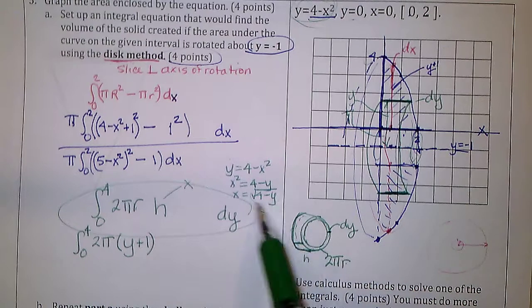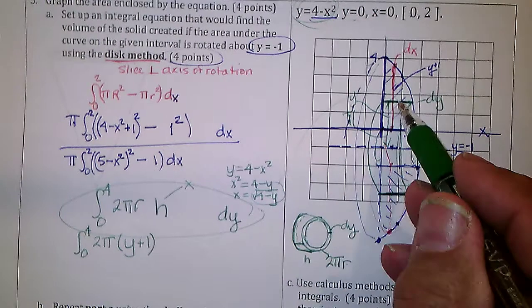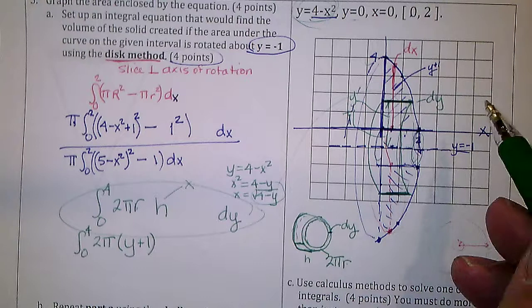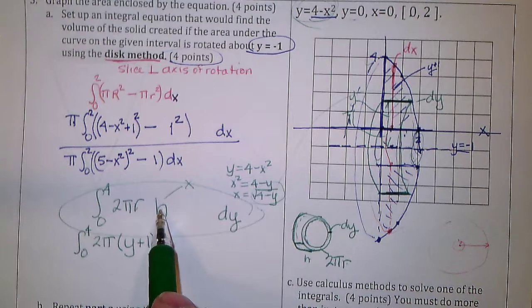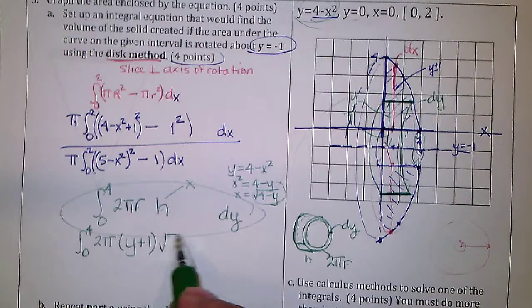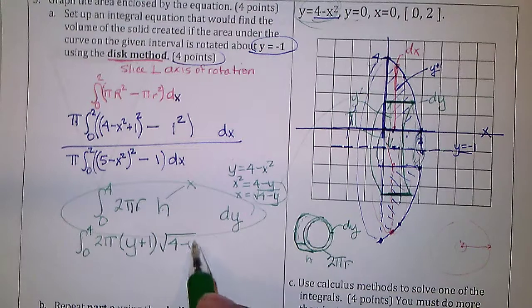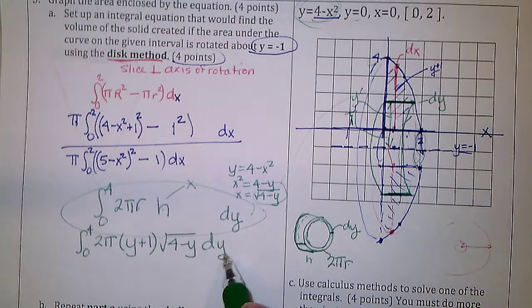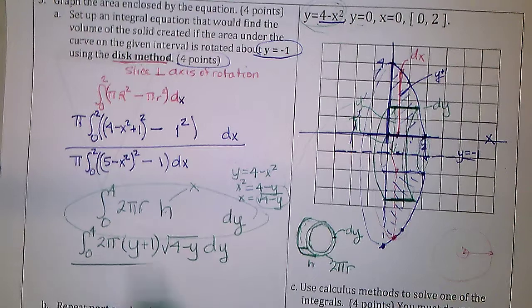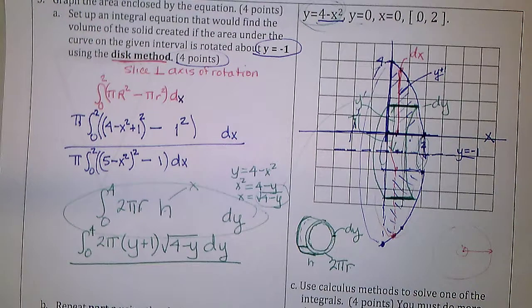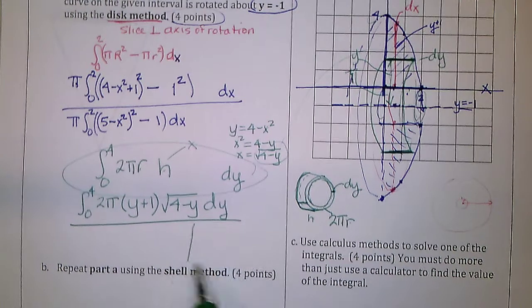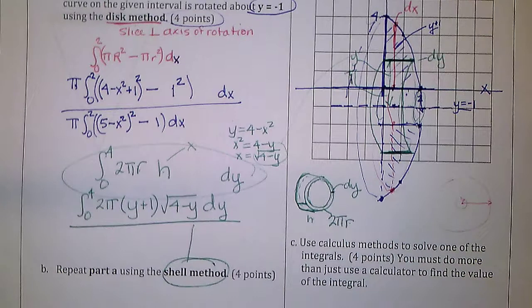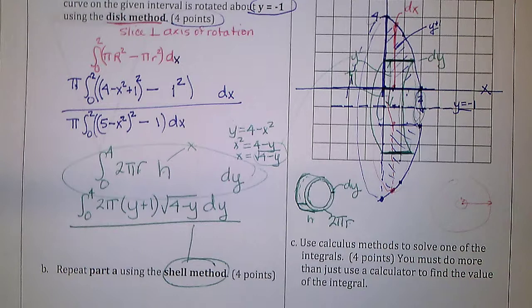So that would be that length right there, the x direction, the height. And so I take the h out and put in square root of 4 minus y dy. So there's the setup for the shell method. They call these rings shells.